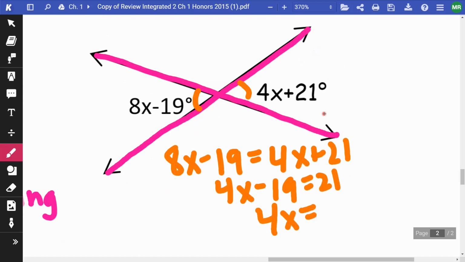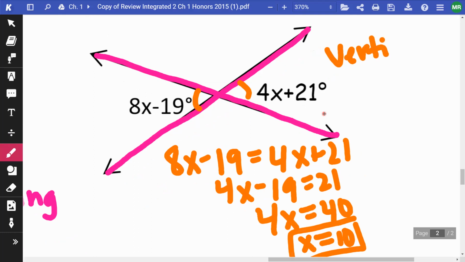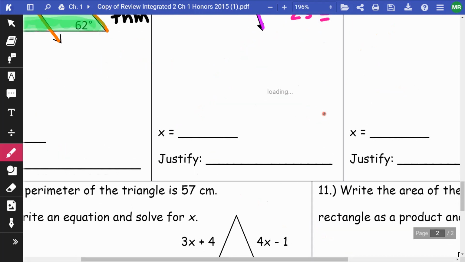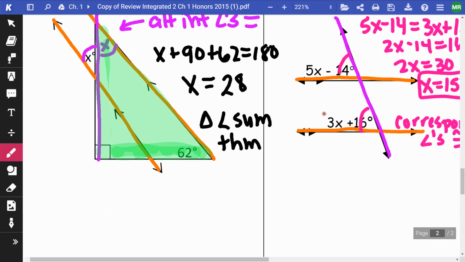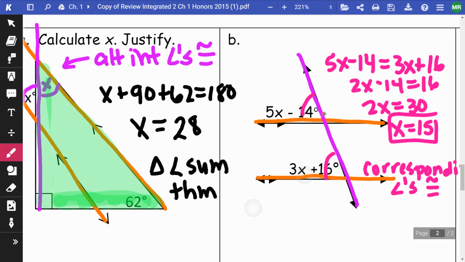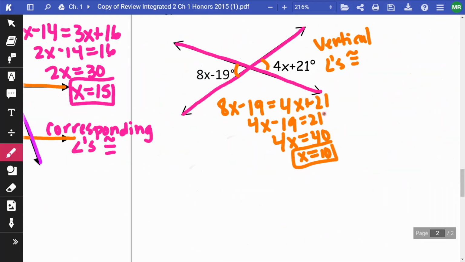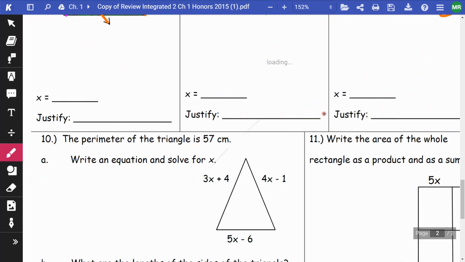I am going to add 19 to both sides, so I get 40, and so I get x is equal to 10. And again, y? Vertical angles are congruent. So again, I found the x, I gave reasons, justifications. Make sure you give justifications on all of these types of problems.